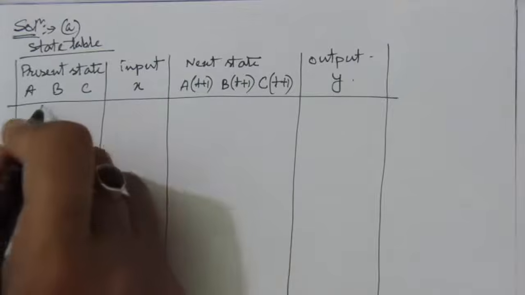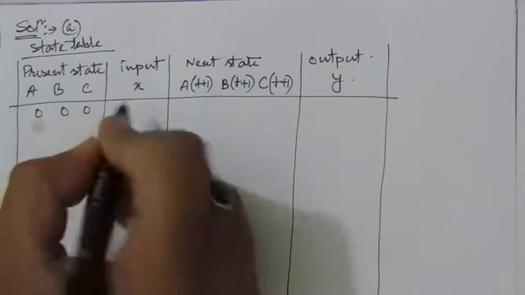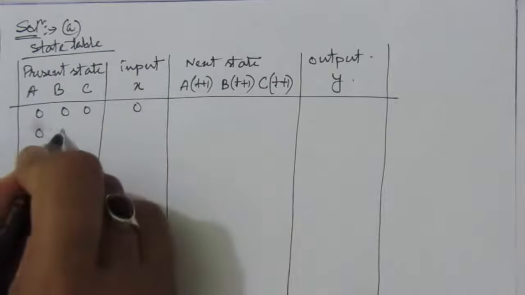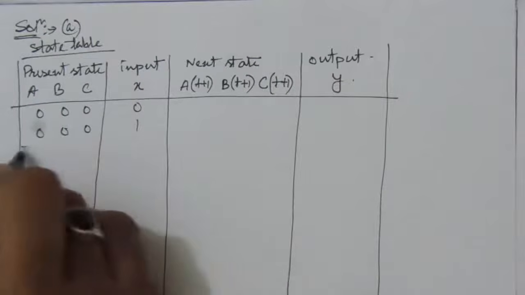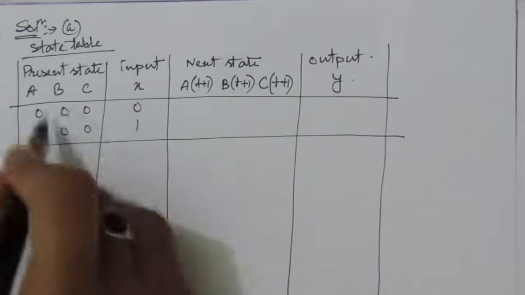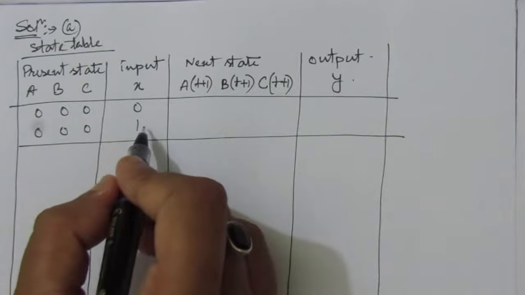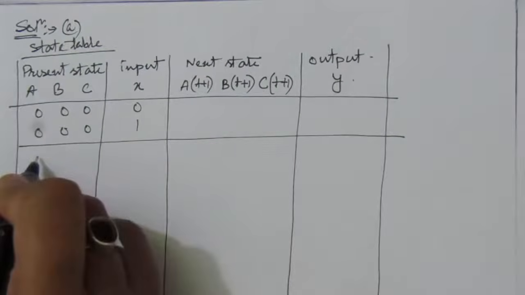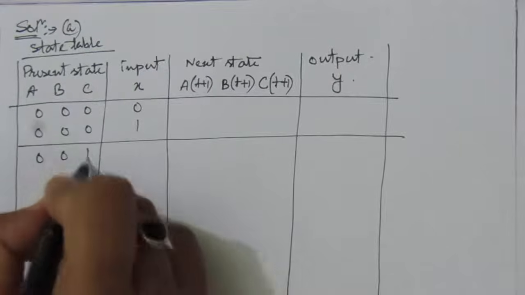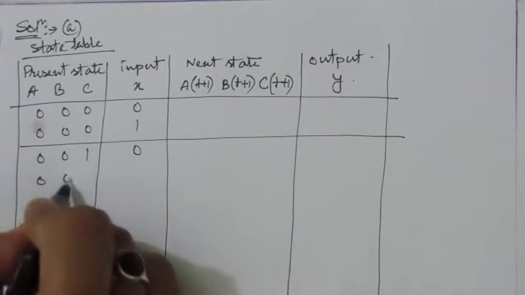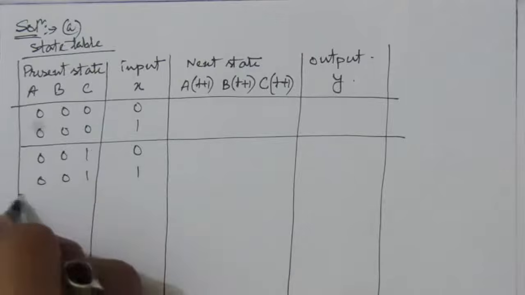So for four variables, we'll have 0000, 0001. This is nothing but the present state 000 with input 0 and 1. We'll see the next state and the output. Next we'll have 0010, 0011.